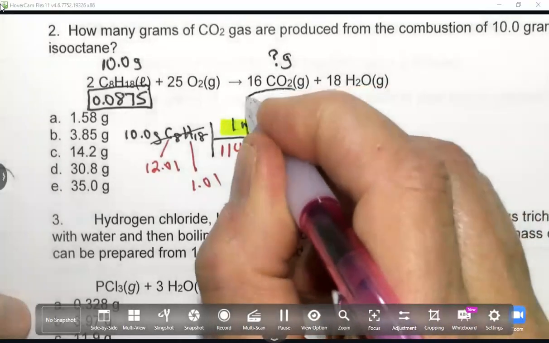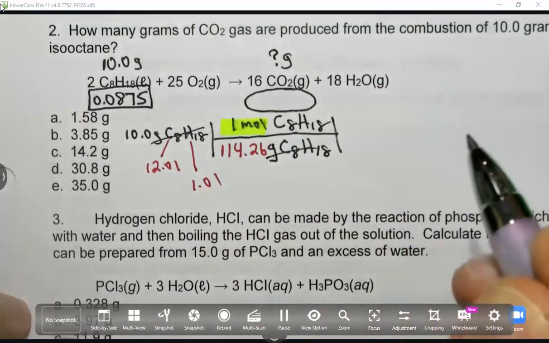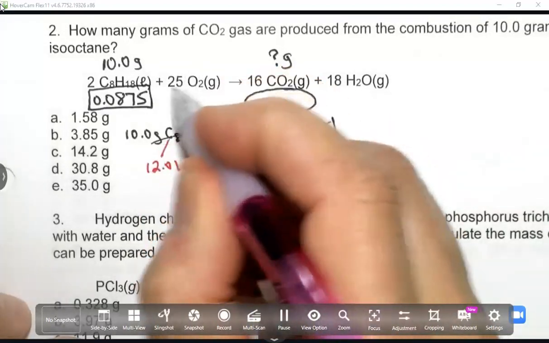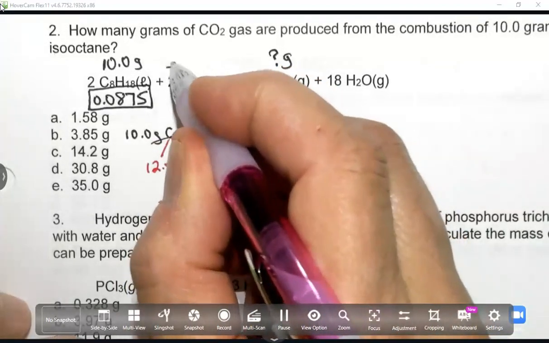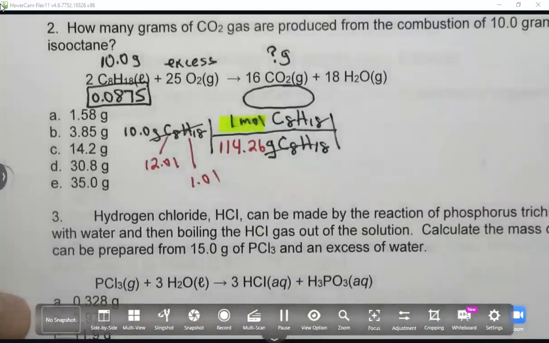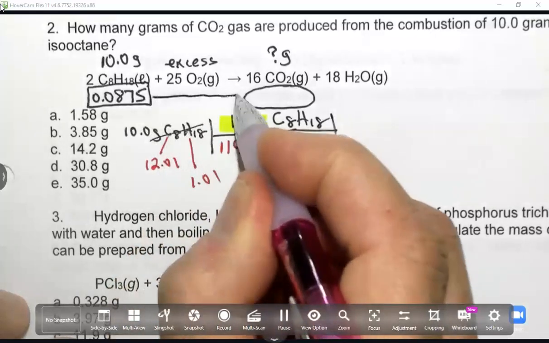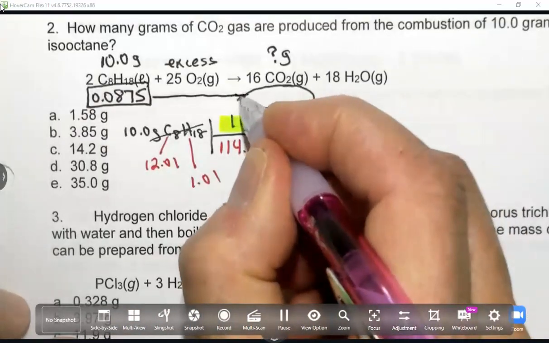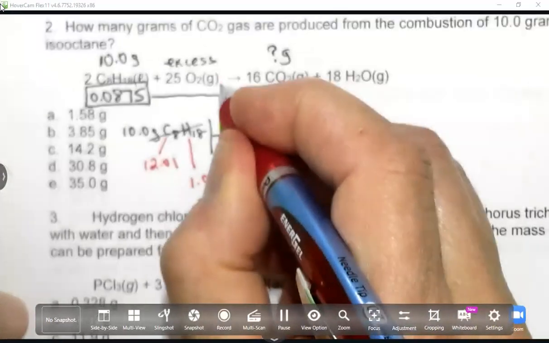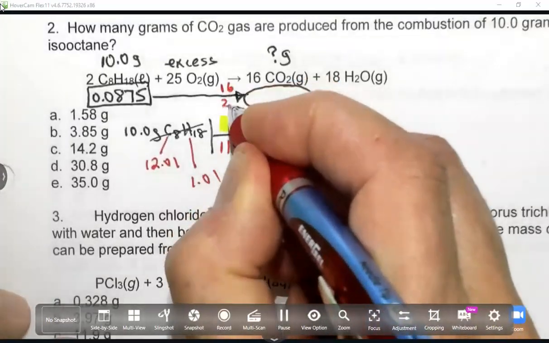How many moles of CO2 is it going to produce? Now, we have to have oxygen, obviously, so we should say we have excess oxygen. So here is my mole ratio step. As soon as I point my arrow this way, my mole ratio factor fraction should be 16/2, right?